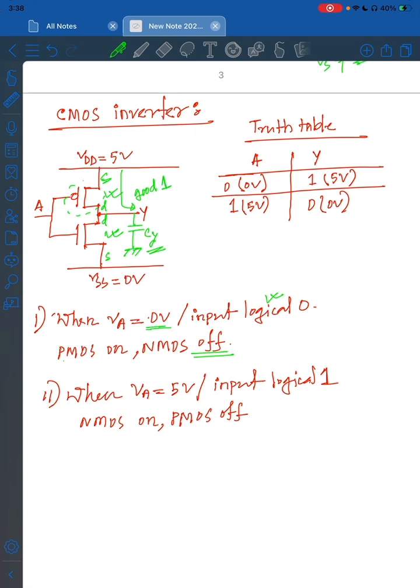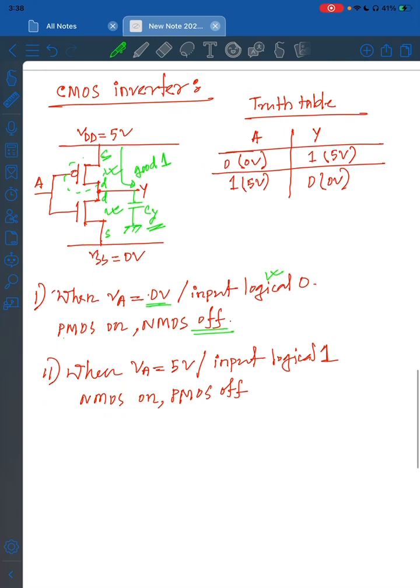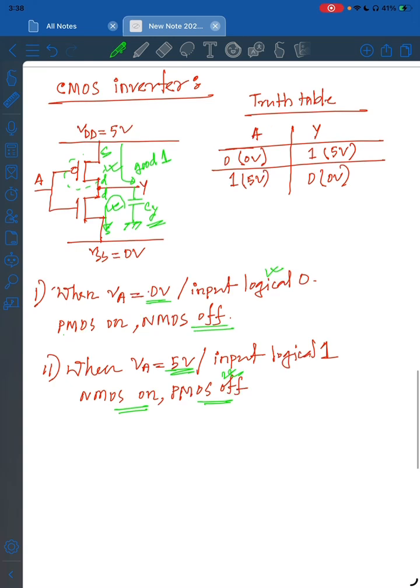We know that for the NMOS to turn on, we need a higher potential. And when VA is 5 volt, at this time the NMOS will turn on and the PMOS will turn off. So the capacitor will be discharged through this path to the ground, and in the output we will get 0 volt.